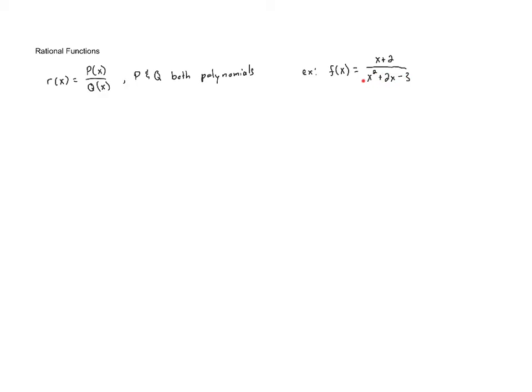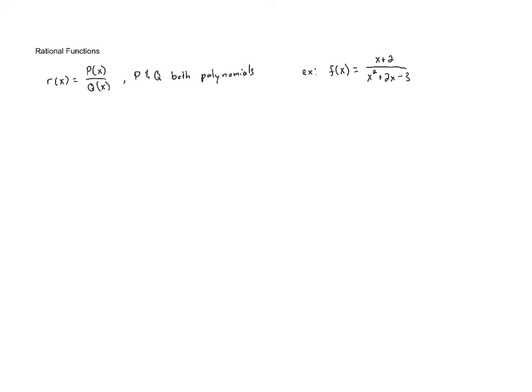Here we have variables in the denominator, and we know that if the denominator is equal to 0, the function is undefined, and this causes a big difference between the graph of a rational function and the graph of a polynomial function.